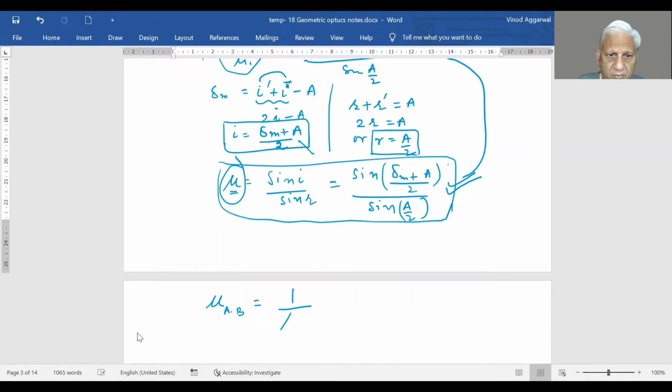If we take mu of B with respect to A, if we invert this mu, we will get mu of B with respect to A. And the third relationship is, if you have mu of A with respect to B, if you multiply with mu of B with respect to C, what you will get is mu of A with respect to C.